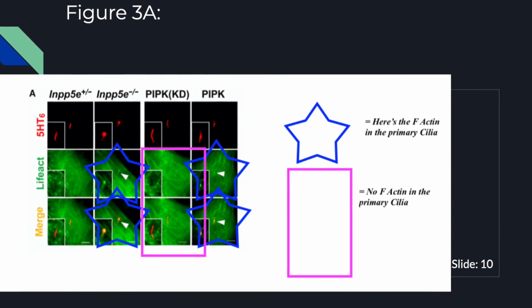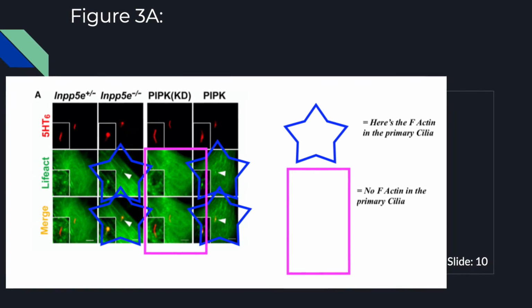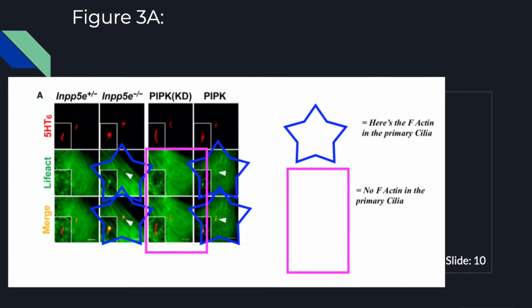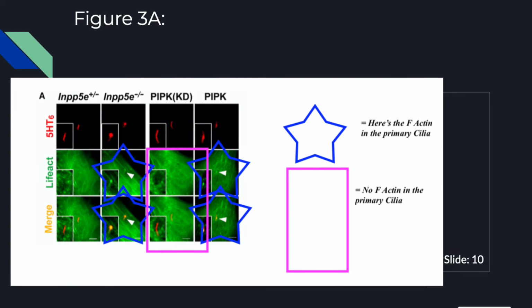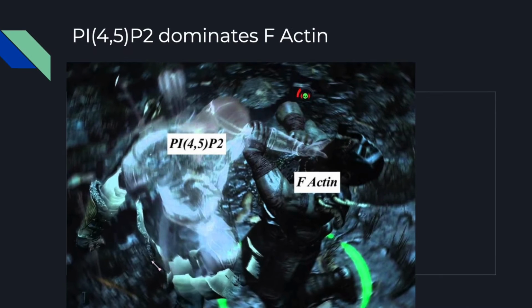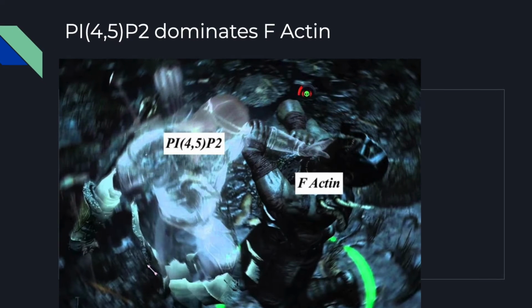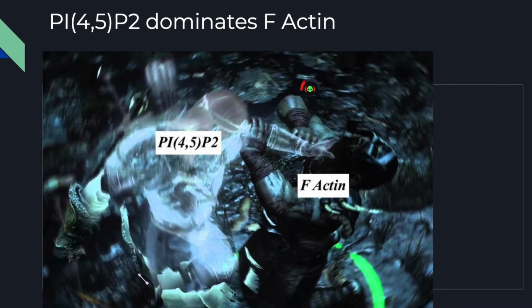And here with the pink rectangle, there's no F-actin as there's no white triangles inside them. Note that there's no F-actin in the samples with PIPK-KD, which had the researchers conclude that PI4 exerted direct control over F-actin assembly.